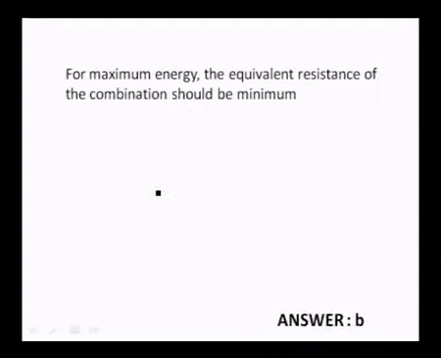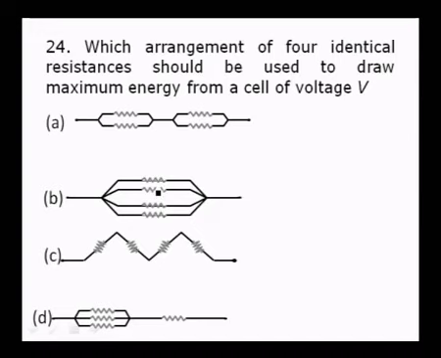Okay. For maximum energy, the equivalent resistance of the combination should be the minimum. See, among the 4 combinations, in which combination are we getting the effective resistance minimum? Here we are getting R by 2, plus R by 2, we are getting more than this amount.